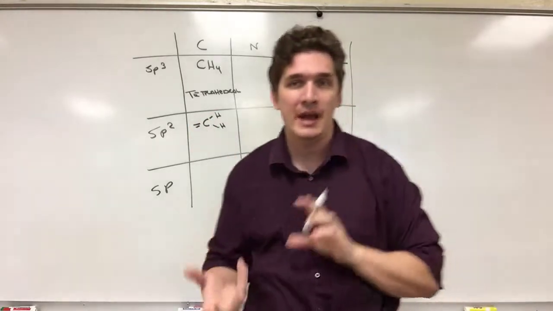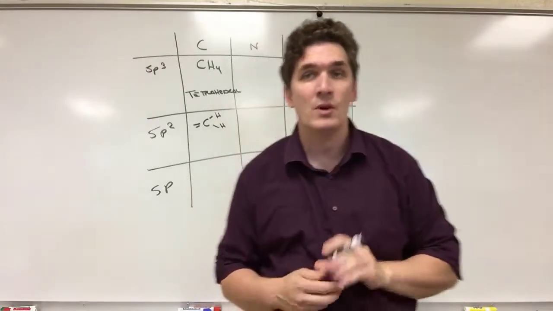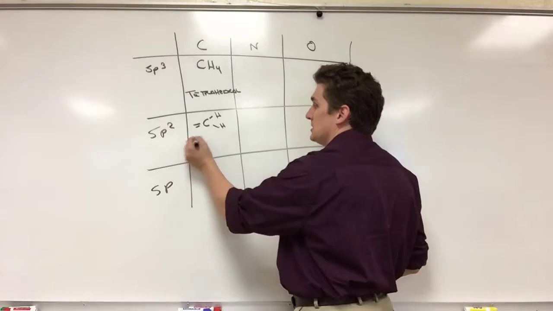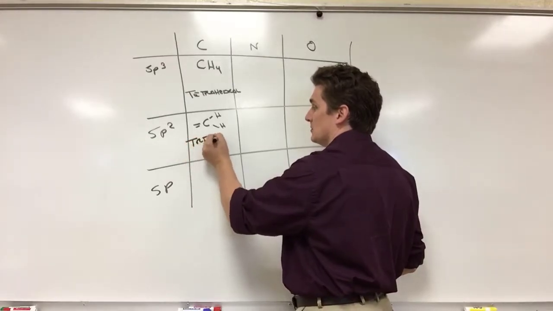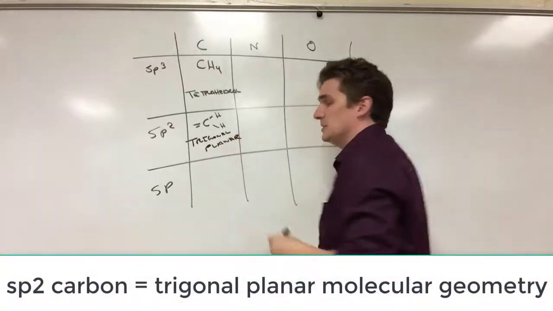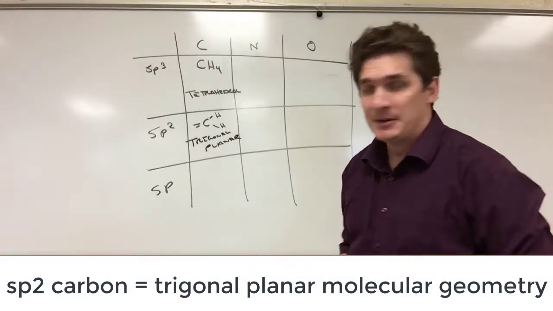So carbon has 3 atoms around it and 1 double bond, 1 pi bond in this case, double bond associated with it. And we're going to use this synonymously with trigonal planar.